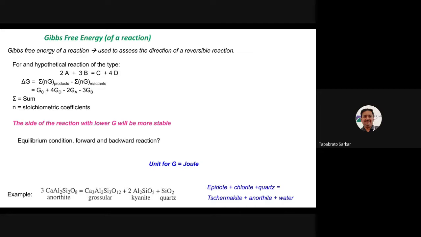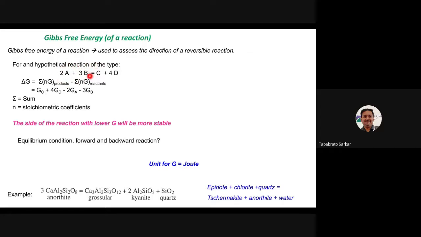Now the del G will determine in which direction the reaction will move at a particular condition. Okay, the side of the reaction with lower G will be more stable, obviously. So if the right hand side of the reaction has a lower G, then the reaction will move from left to right.